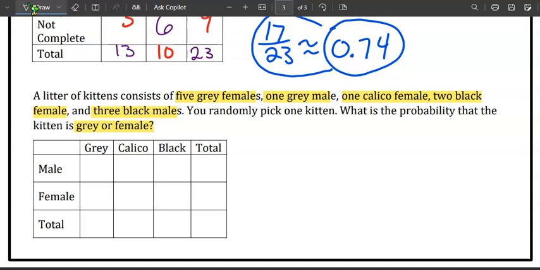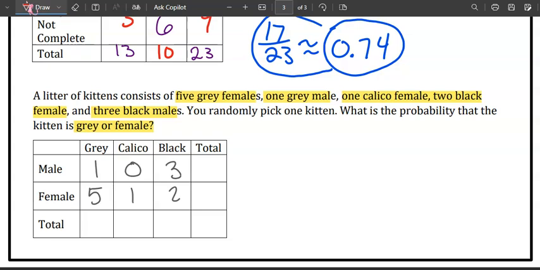We have 5 gray females, 1 gray male, 1 calico female, 2 black female, and 3 black male. There's also 0 calico males.